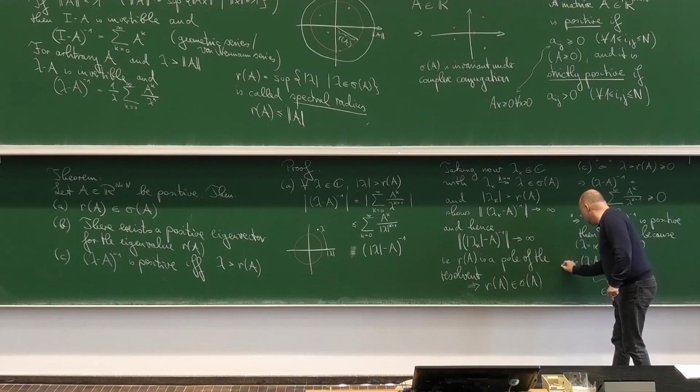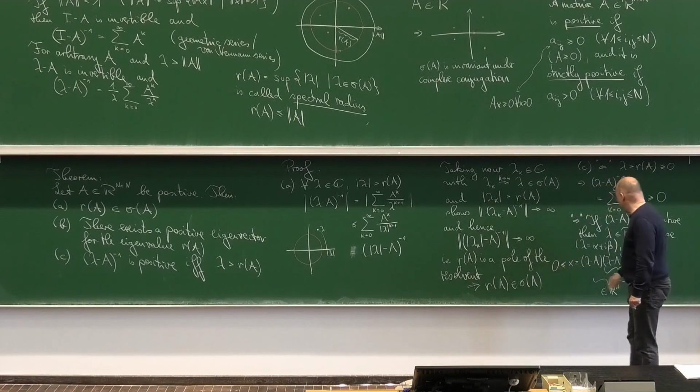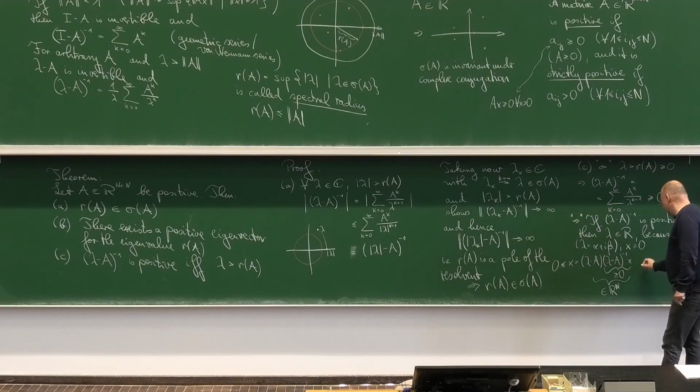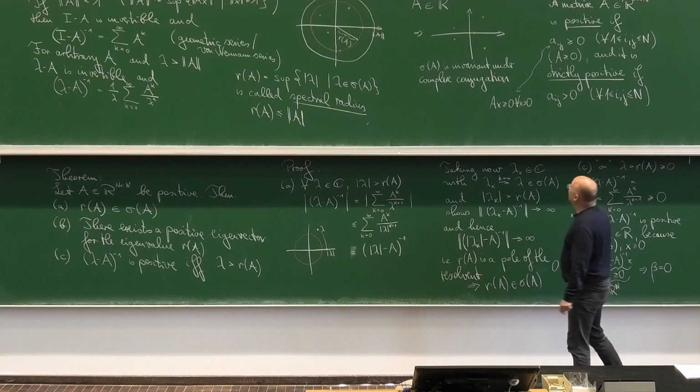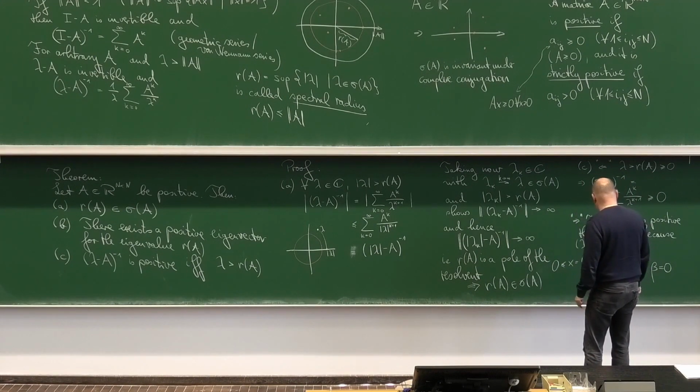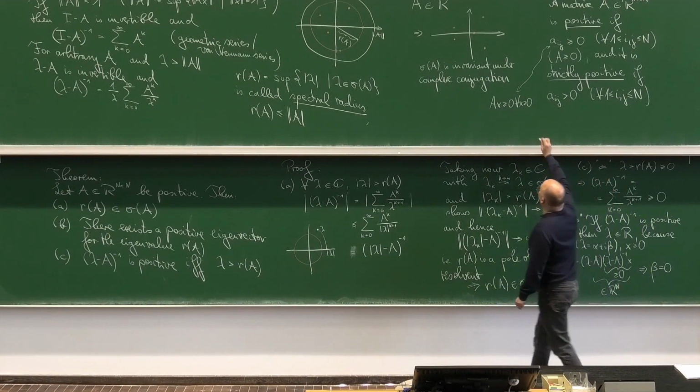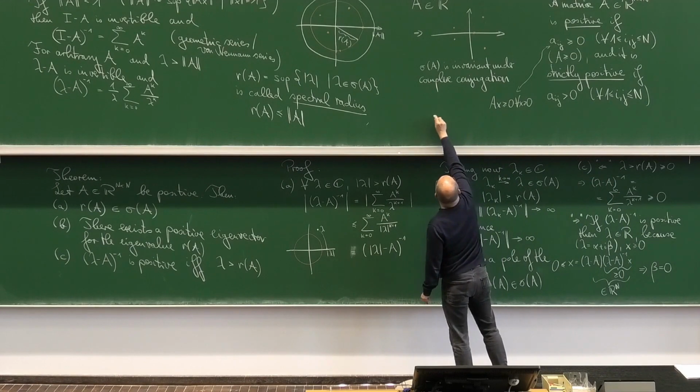But here I know that this result here must be positive, and therefore beta is equal to 0. So the imaginary part is equal to 0. So we already know if the resolvent is positive, then lambda must be real. And let me just finish here, maybe.